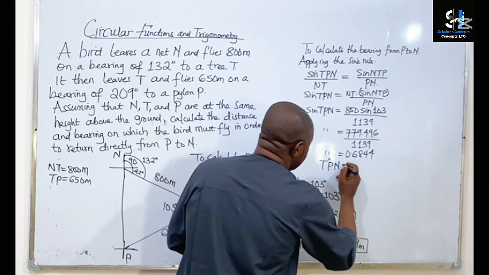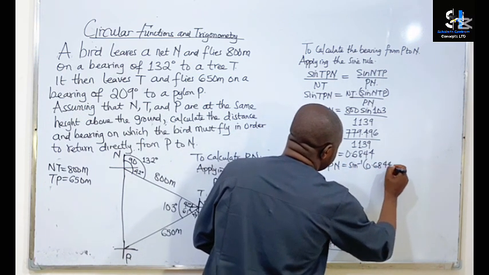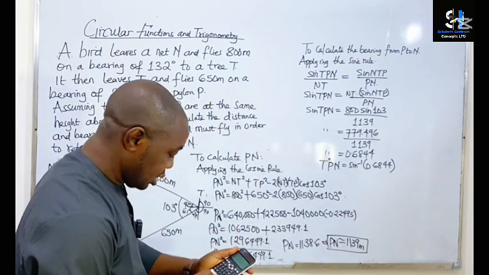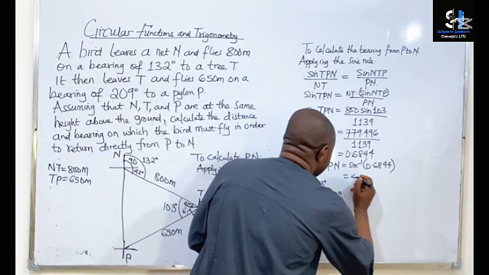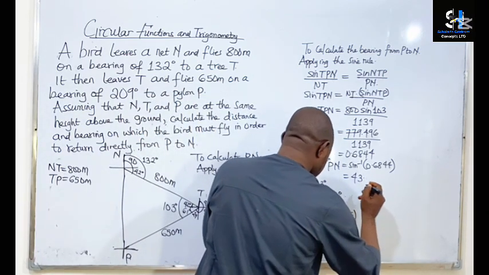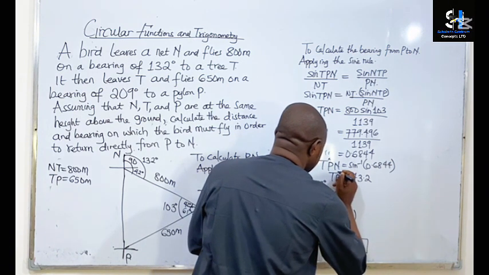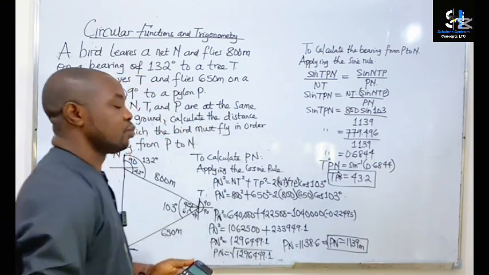So let's get TPN. TPN will be equal to the inverse sine of 0.6844, and that will be approximately 43.2. So TPN is approximately 43.2.